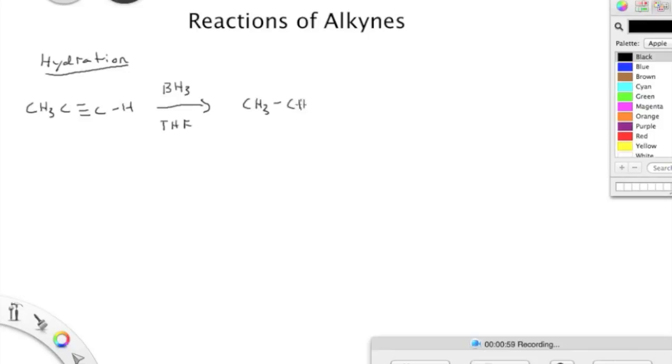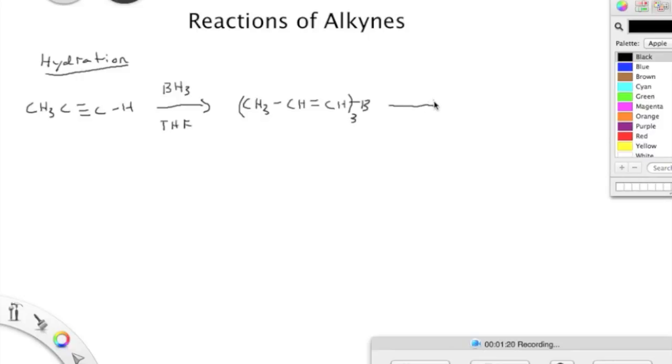And what you need to remember is that because we have 3 hydrogens on this borane right here, it adds 3 times.